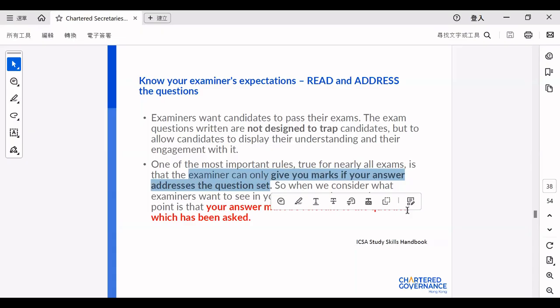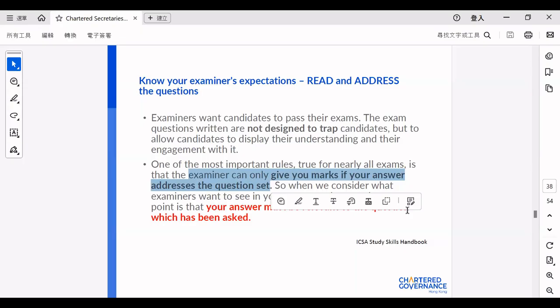I mean, that is quite simple, quite straightforward, right? So if they ask you one thing and you answer the other thing, then obviously you won't get marks for that. I think we've seen some of the examples earlier about the questions.